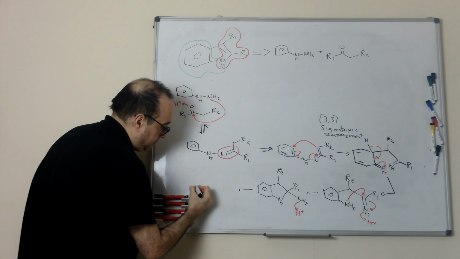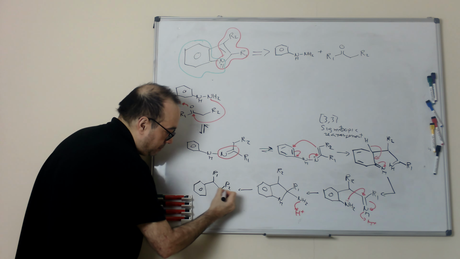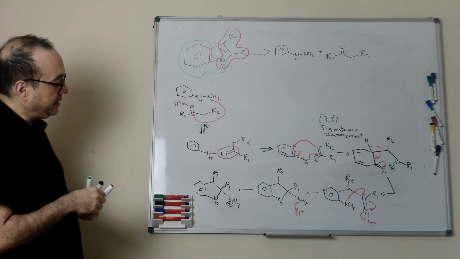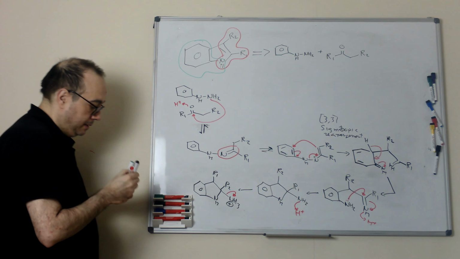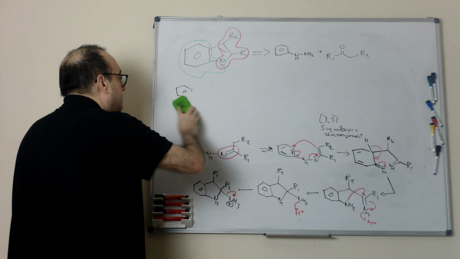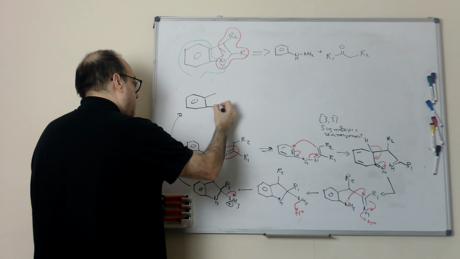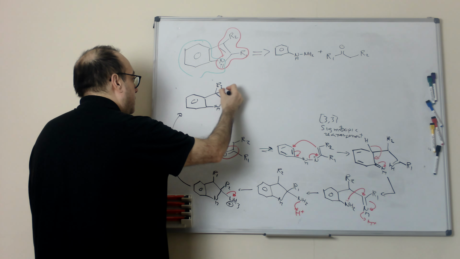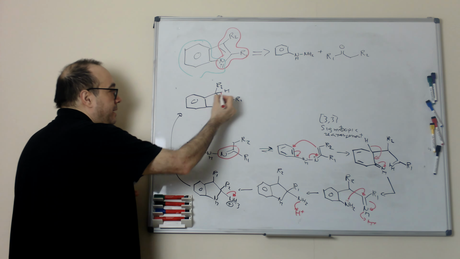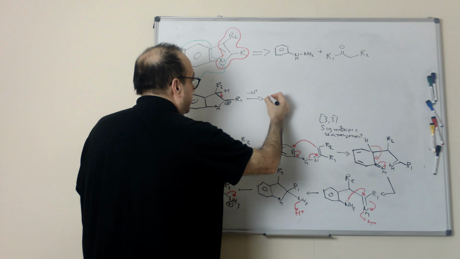And basically what is happening is that the leaving group is departing, and we have the carbocation, that now we can do the elimination of this hydrogen. And what we get is the final indole.